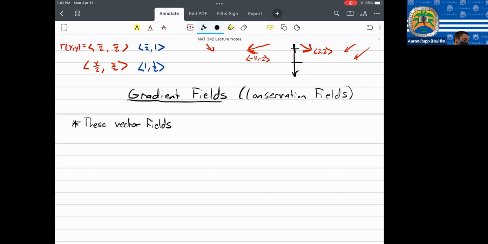So these vector fields are extremely important to physics, because they are used to model physical systems in which energy is conserved.